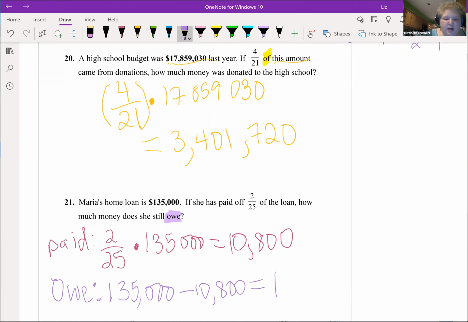And we get 124,200. So she still owes 124,200 on her loan. Her home loan, sorry, her mortgage.